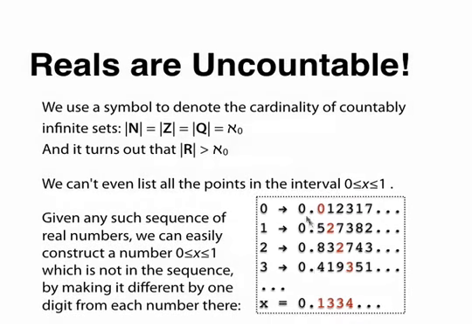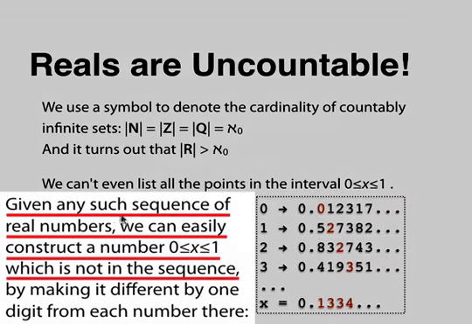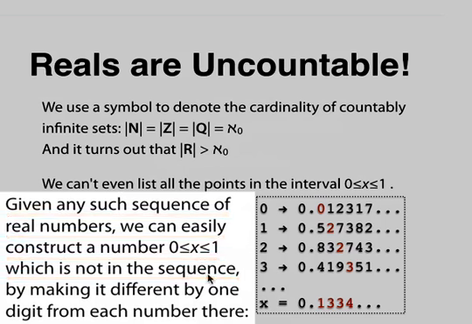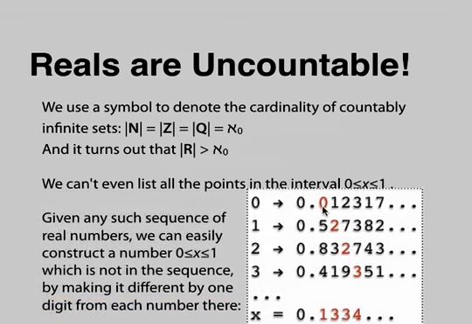It turns out we can construct a number that's not on the list. Given any list, given any sequence of these numbers, we can easily construct a number which is also in this interval, but which is not in the sequence. The way we do that is by making that number different by one digit from each of the numbers in the list. So take the first number and make the first decimal place different.